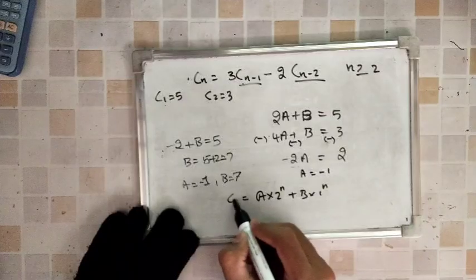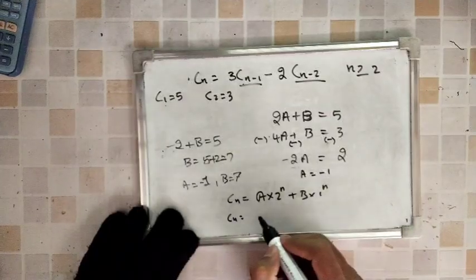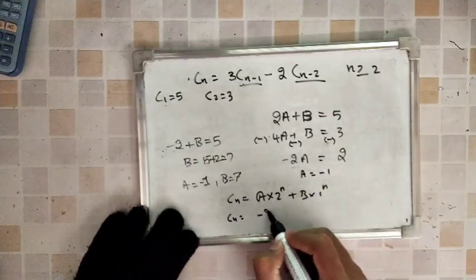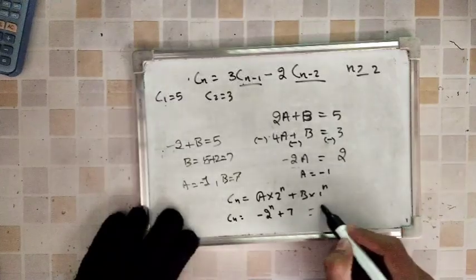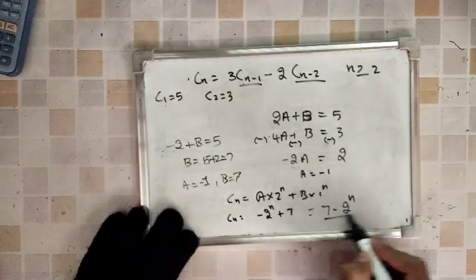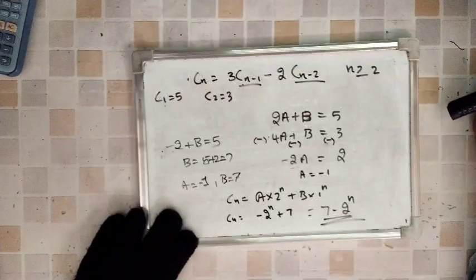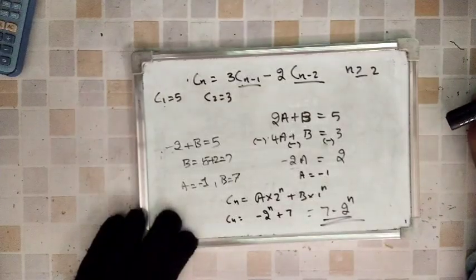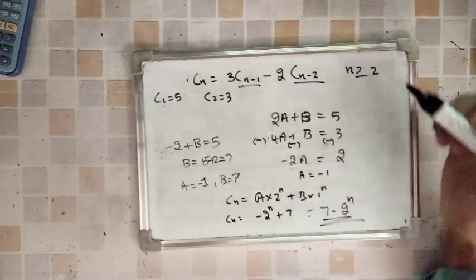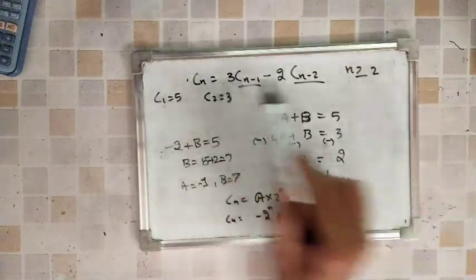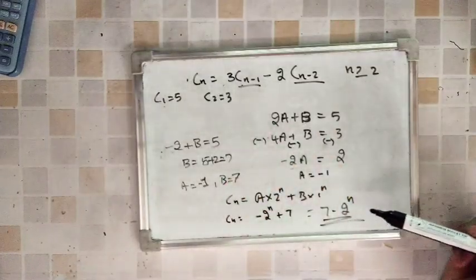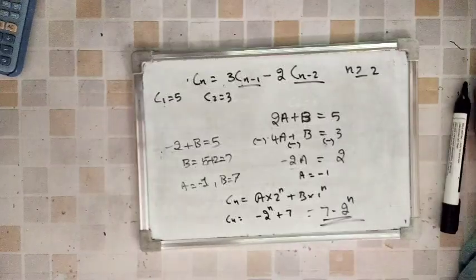So Cn equals minus 2 power n plus 7, which I can write as 7 minus 2 power n. That is what they will ask in the question. They will ask in two ways: either they will say only solve the recurrence relation, or they will say show that this equation is equivalent to 7 minus 2 power n. So that is how you will do it.